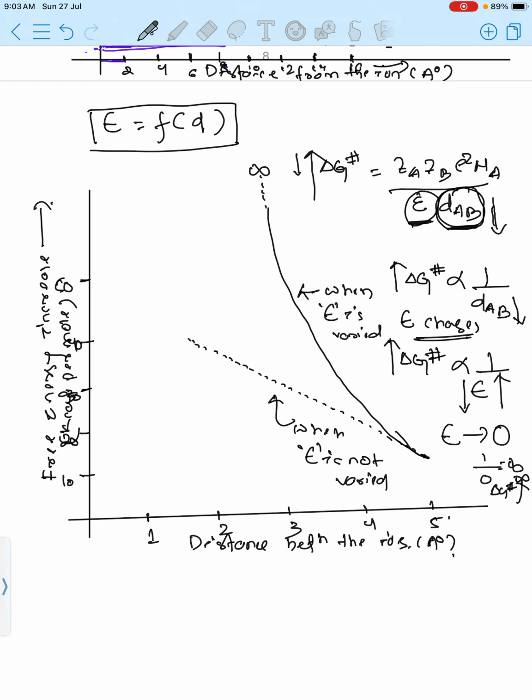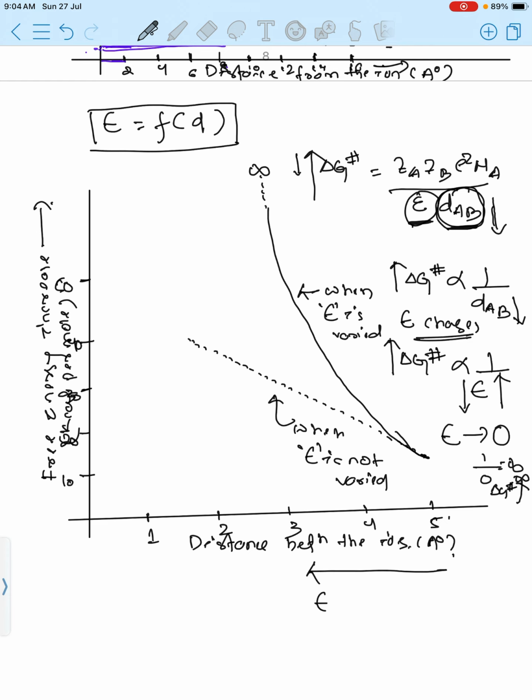Again I am telling you why it reaches infinity: as we decrease the distance between the ions, the solvent molecules associated with the ions experience a larger electric field. Under the action of the larger electric field, the solvent molecules orient themselves.